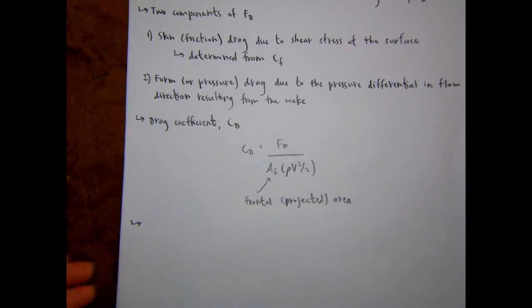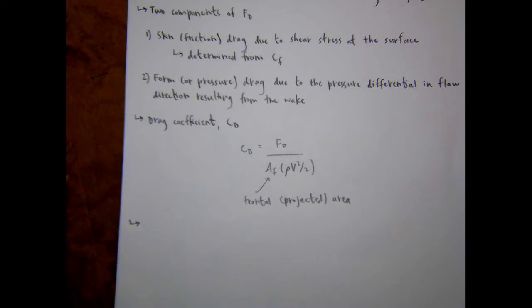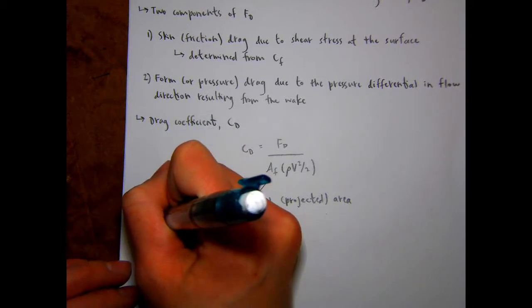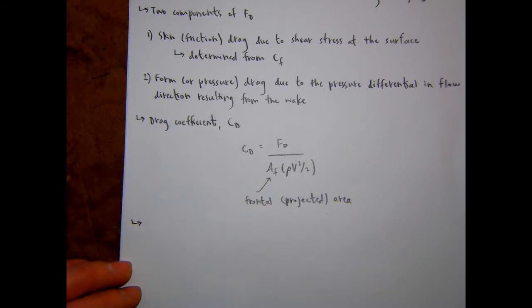So the laminar and turbulent boundary layers have different effects on the different types of drag. And we talked about how laminar versus turbulent boundary layer affects the friction drag differently. And it's the same for flow over a flat plate as it is for a cylinder.